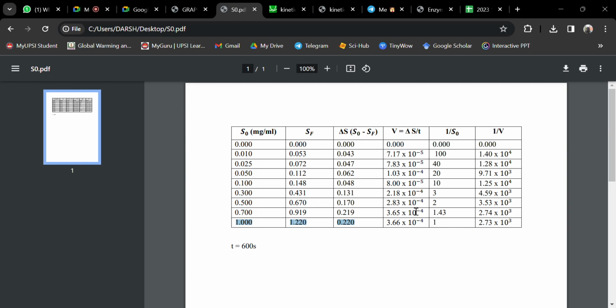Tak apa, let's assume that benda ni betul. The data S tu data betul. SF tu nombor lain lah, katakan nombor lain lah. Ataupun you punya S nombor lain. Let's assume, how are you going to do with the data? If you want to plot that Michaelis-Menten, you have to have V over S. V tu velocity lah.